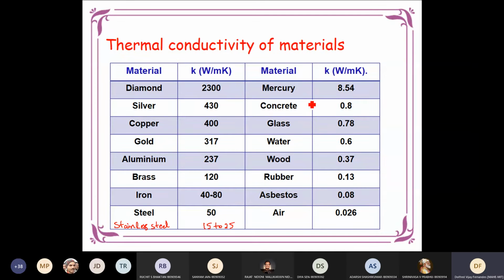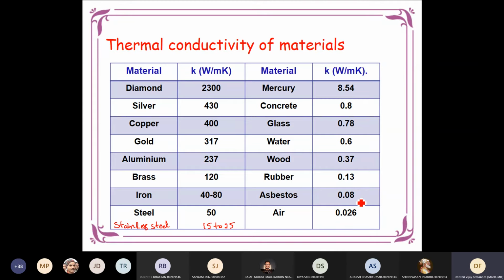Then mercury, and you can see the other insulating or non-conducting materials. Compared to the metals, these have very low thermal conductivity. Concrete 0.8, glass 0.78, water and air. You compare that. The thermal conductivity of air is very small.